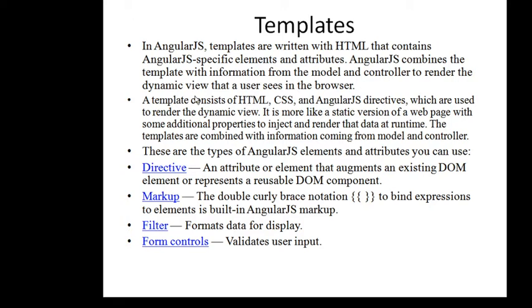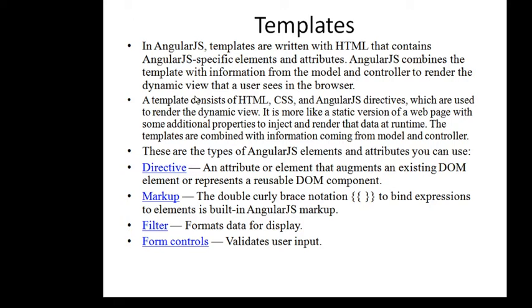AngularJS combines the template with information from the models and controllers to render the dynamic view that a user sees in the browser. A template consists of HTML, CSS, and AngularJS directives, which are used to render the dynamic view. It is more like a static version of a web page with some additional properties to inject and render the data at runtime. The templates are combined with information coming from model and controller.